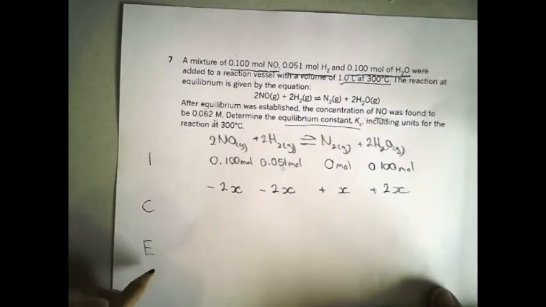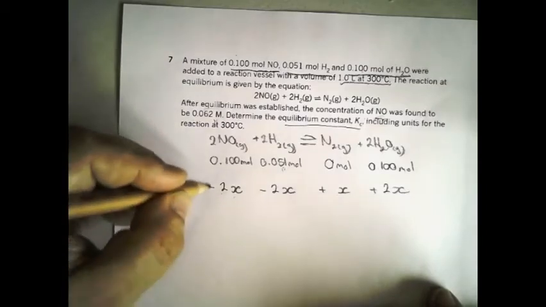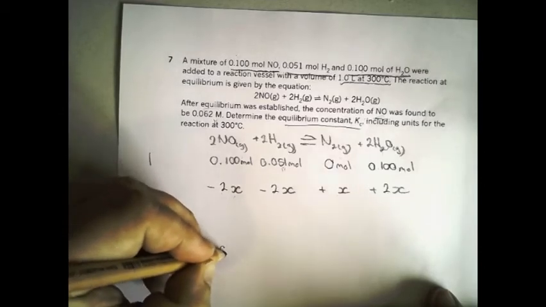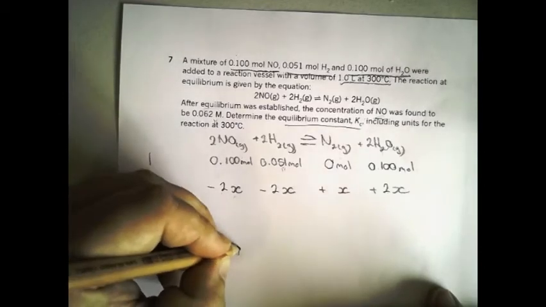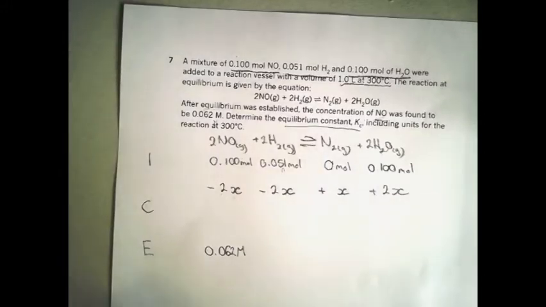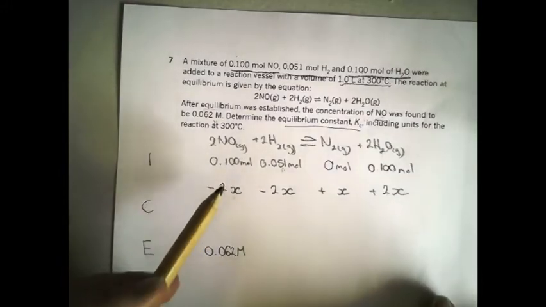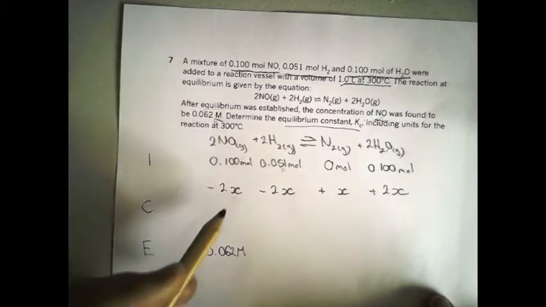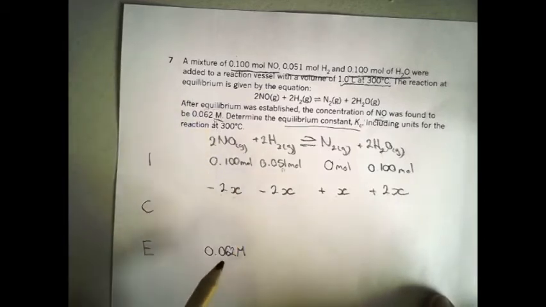So in the equilibrium row here, we know that the nitrous oxide ended up being 0.062 molar. Now, how much does that help us with finding out the actual moles? We need to turn that into moles. Well, it's moles per liter.